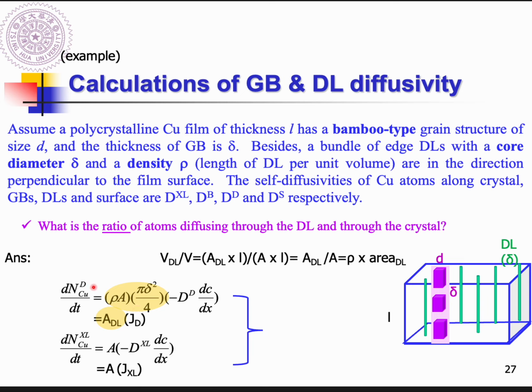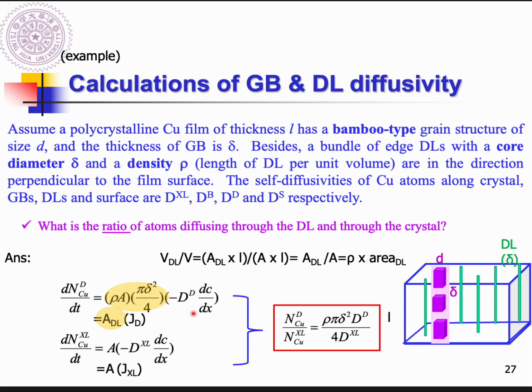You just directly divide this equation by the equation for the grain, so we can get the ratio: the number of copper atoms diffusing through this location divided by those through the grain.